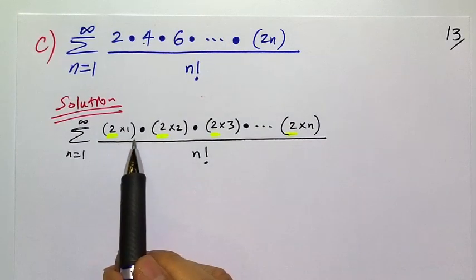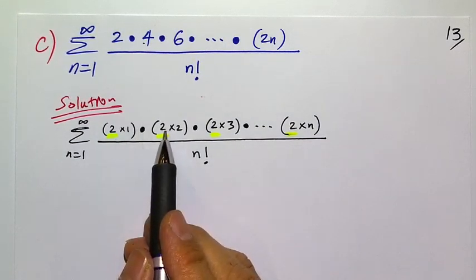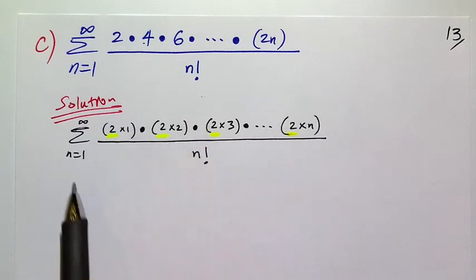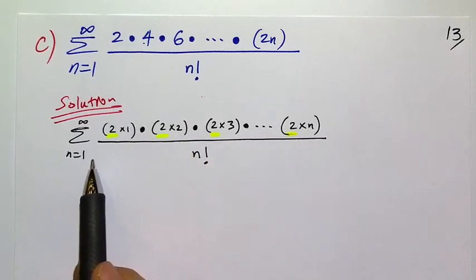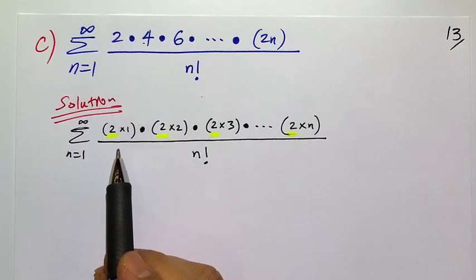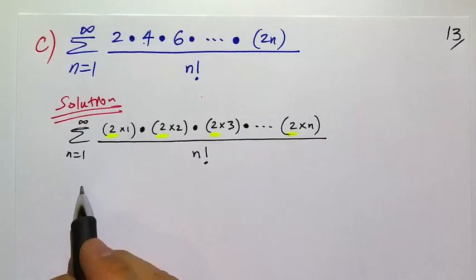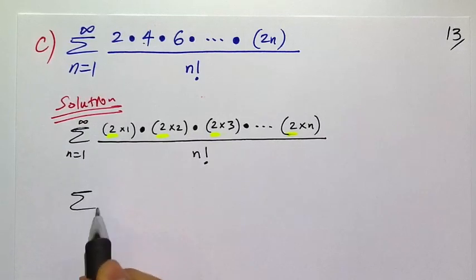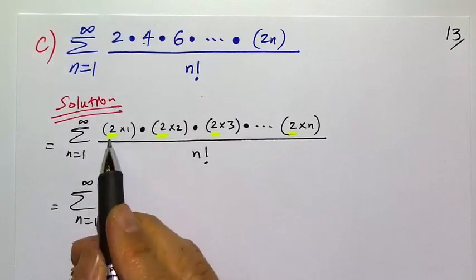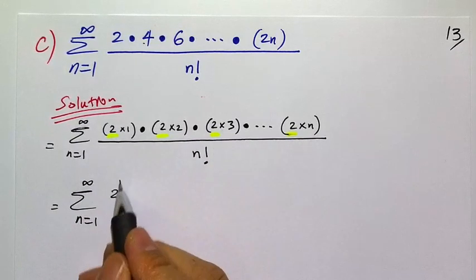Right? So that's going to give us 2 to the n power, depending on how many terms we're adding. So if n equals 2, then we'll have 2 to the 1 power, 2 to the second power, and so on. So we can summarize that as, for these 2's, we have 2 to the n power.